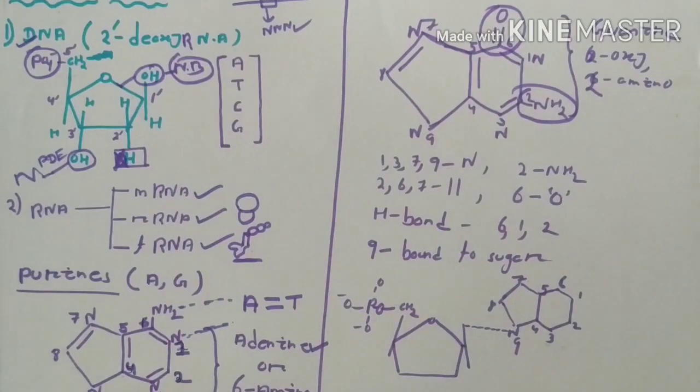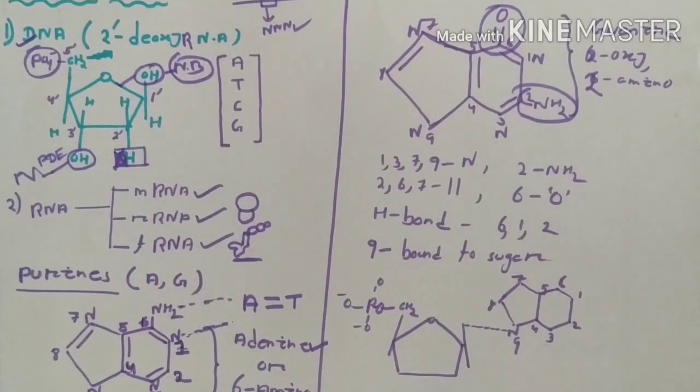As amino starts with A, that comes first, that's why the nomenclature is like this: 2-amino becomes first, and then 6-oxy. So 2-amino 6-oxy purine is also known as guanine.